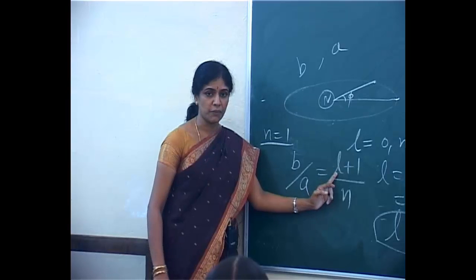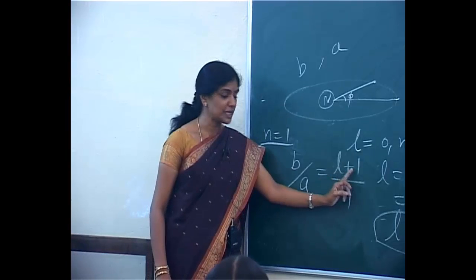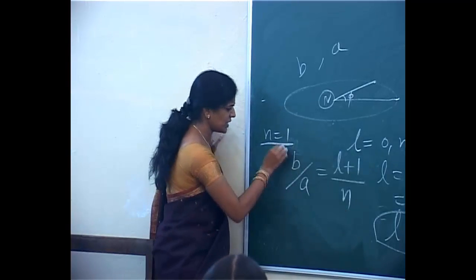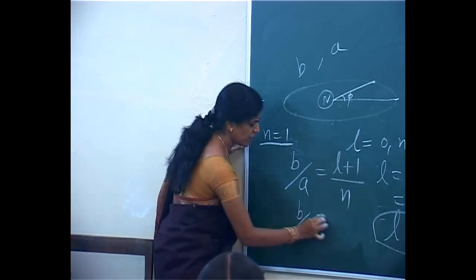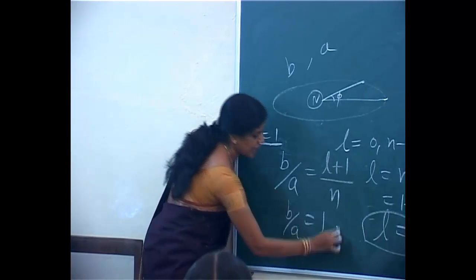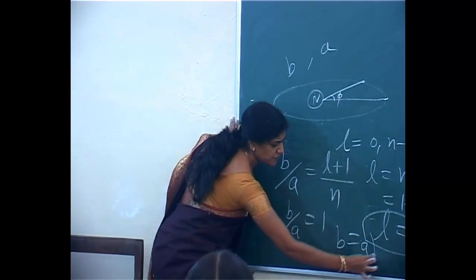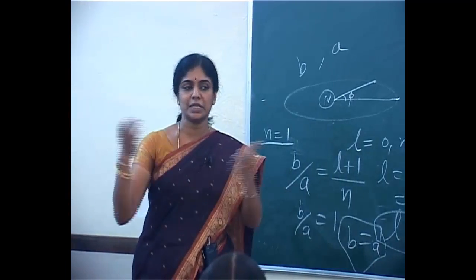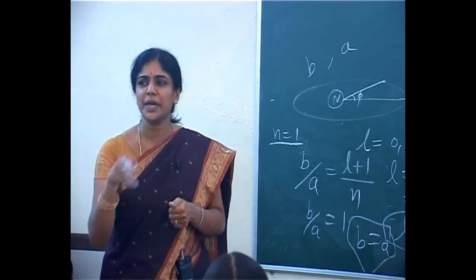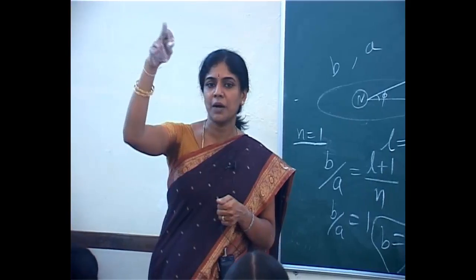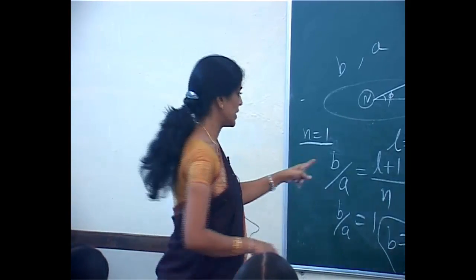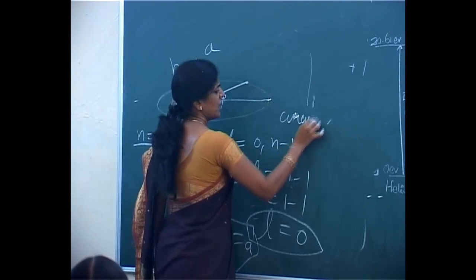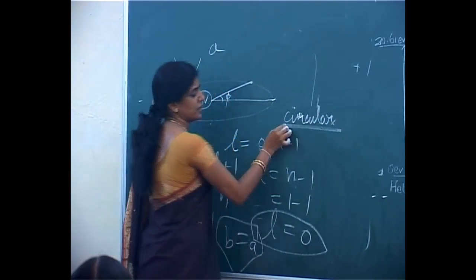L equal to 0, n equal to 1: 0 plus 1, 1 by 1, 1. So in the first orbit B by A will be equal to 1, or I can write B equal to A. What does that mean? The semi major axis and semi minor axis values are the same. So will it be an elliptical orbit or a circular orbit? Circular orbit. So when the electron is in its first orbit, it will have a circular orbit.